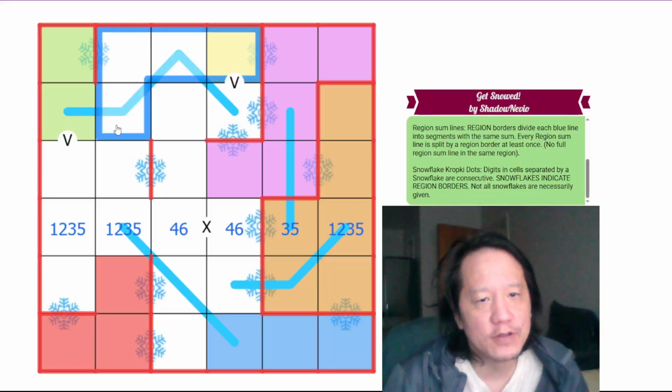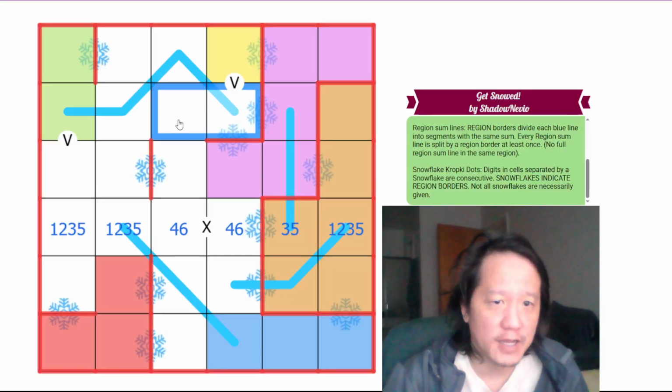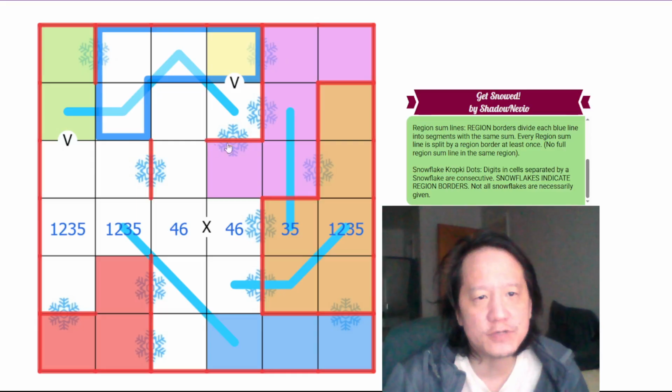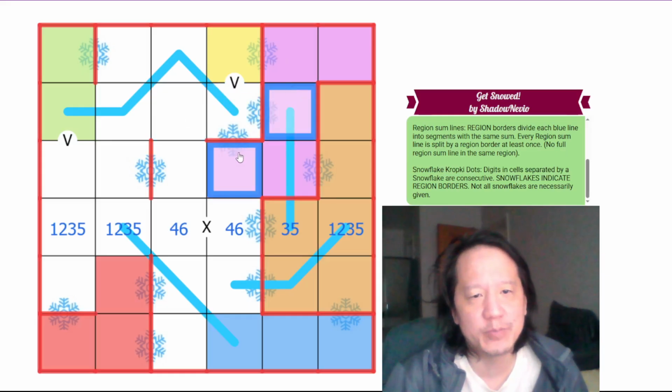Technically, you could have yellow go that way. But if that were the case, so if we try to have yellow not be part of this, this cell must exit out. And then the problem is this is not going to be able to form a full region. So we're trying to avoid having this be yellow. So to avoid having this yellow, this has to be a different region. It cannot be pink because of the snowflakes that surround it.